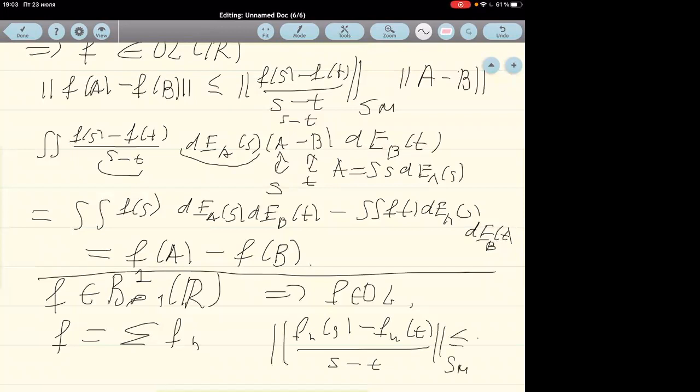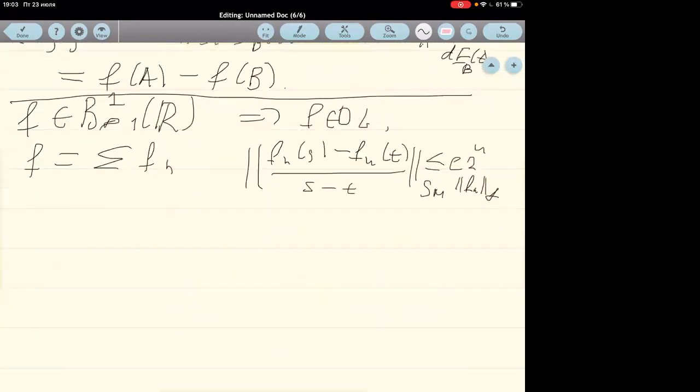It is less than or equal to a constant times 2 to the n times the L infinity norm of f. And then this estimate just leads to the fact that if f is a Besov function, then it is operator Lipschitz.